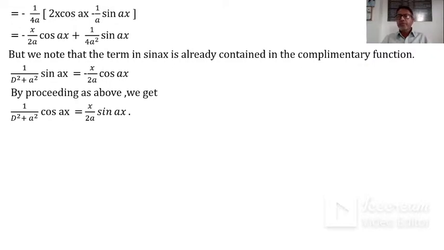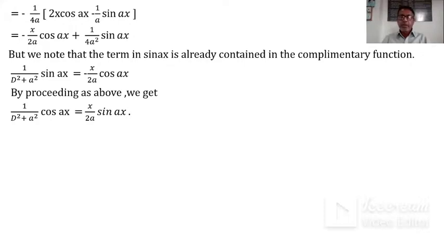In the first theorem, we have seen that if f of minus a square is not equal to 0, then 1 upon f of d square operate on cos ax is equal to cos ax upon f of minus a square.